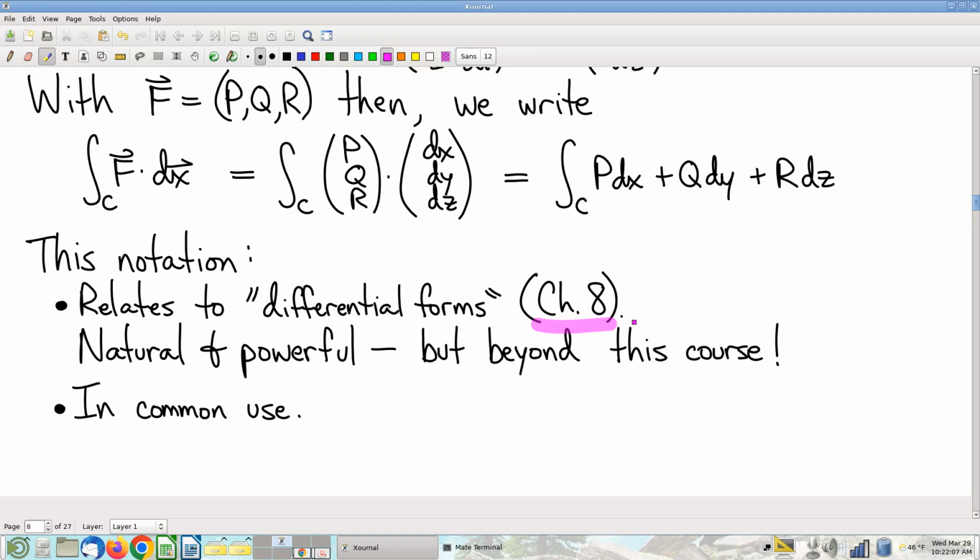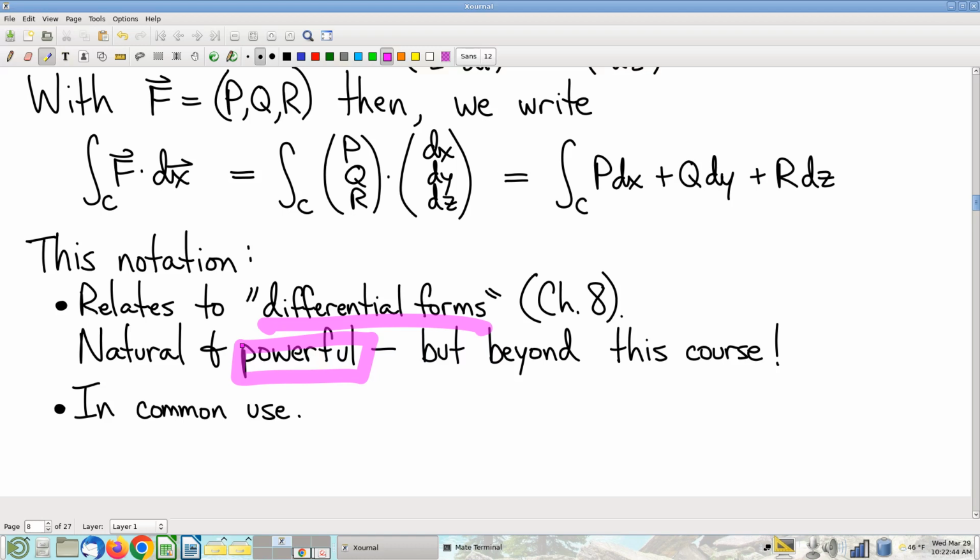But if you want to see what I'm talking about, in Chapter 8, they will talk about these things called differential forms. Differential forms are ultimately very natural. Now, they're super sophisticated and abstract, but in fact, ultimately very natural and also very powerful. There are things that you can't prove without differential forms. Things that are really important, really insightful, unifying theorems that are otherwise seemingly separate and disconnected from each other.